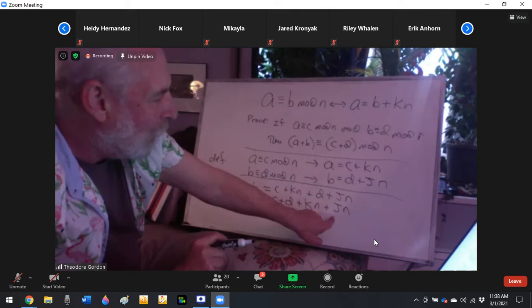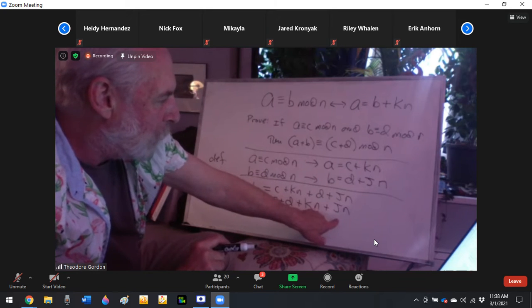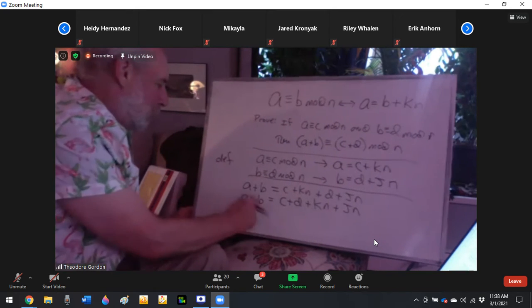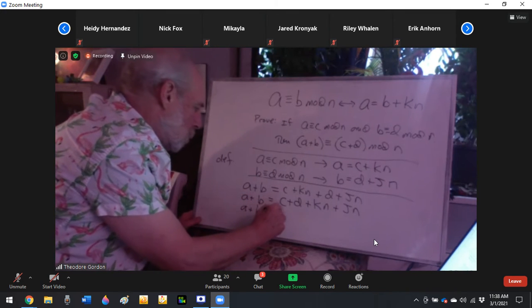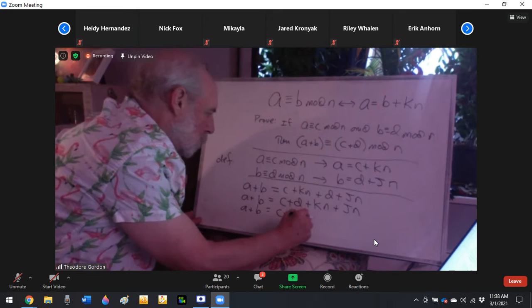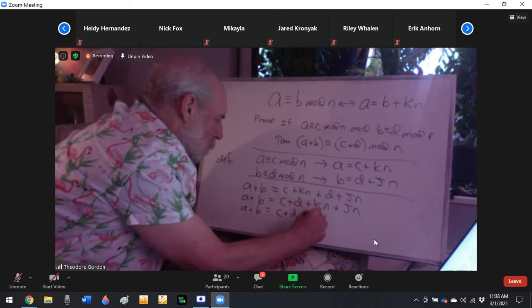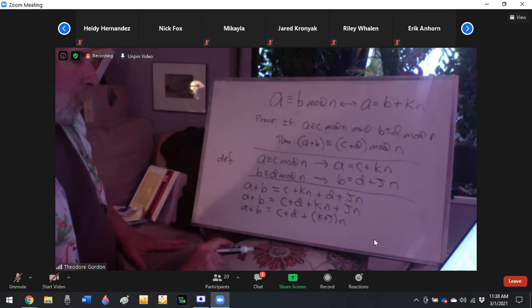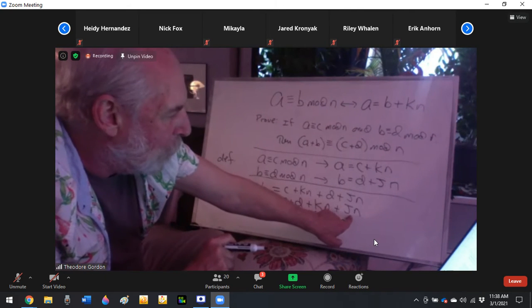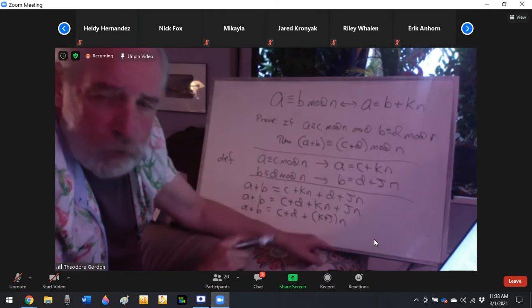And now in these last two terms, I can factor out the N. So all I did was factor out the common factor of N from the last two terms.